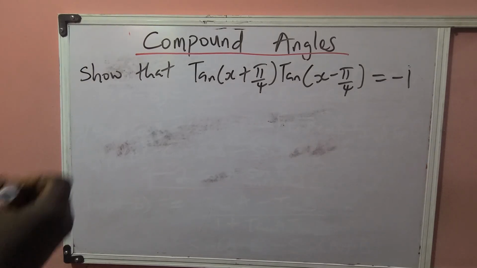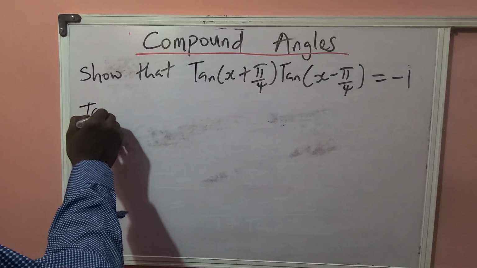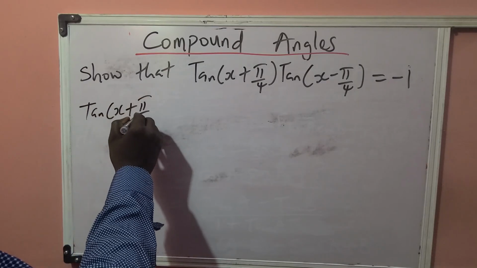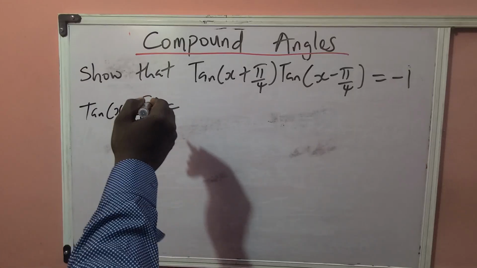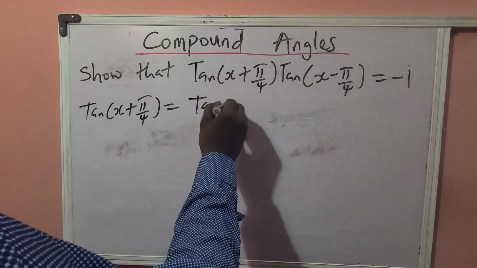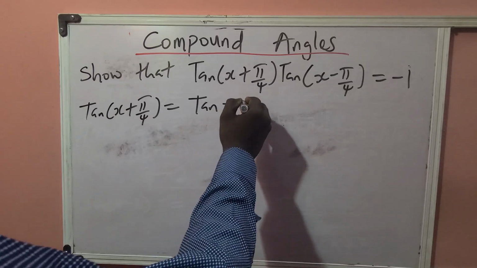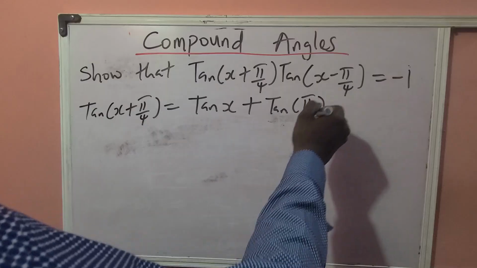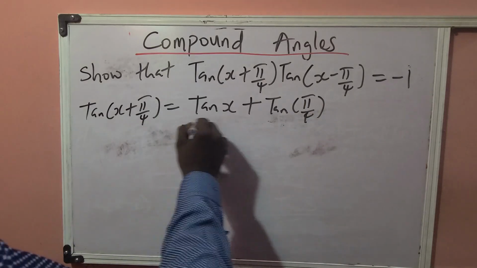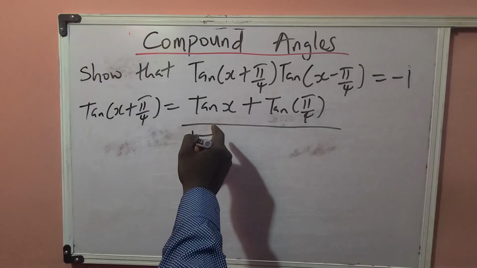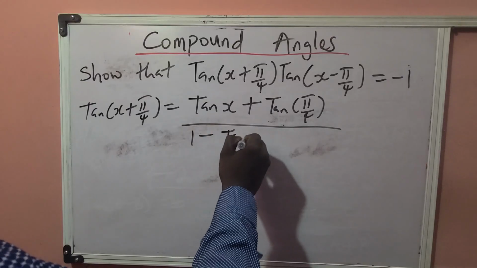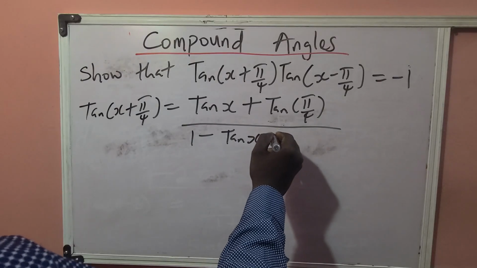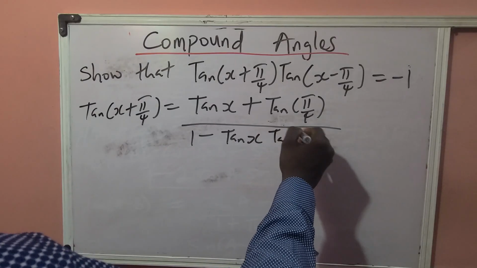So from our compound angles, we know that the tangent of the addition of two different angles, for instance, we have x and pi over 4, will be equal to the tangent of the first angle, in this case that's x, plus the tangent of the second angle, in this case pi over 4, all over 1 minus, according to the compound angle identity, the tangent of x times the tangent of pi over 4.